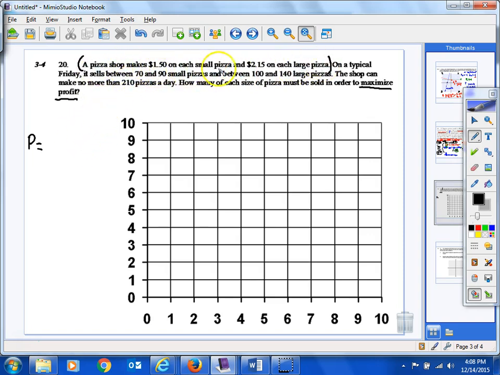Okay, this pizza shop sells small pizzas and large pizzas. So again, variables. Let a variable, x, represent the sales of small pizzas and another variable, in this case y, large pizza sales.